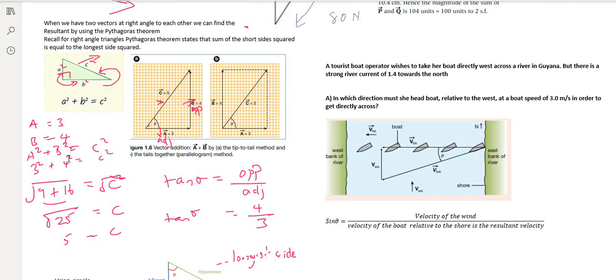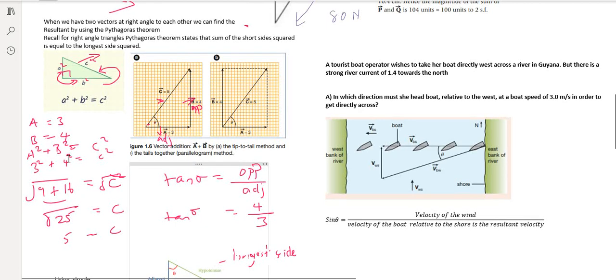In order for us to get the angle by itself, we have to tan inverse it. So in order to get rid of the tan on this side, we have to bring it over here, and the opposite of tan is tan inverse.